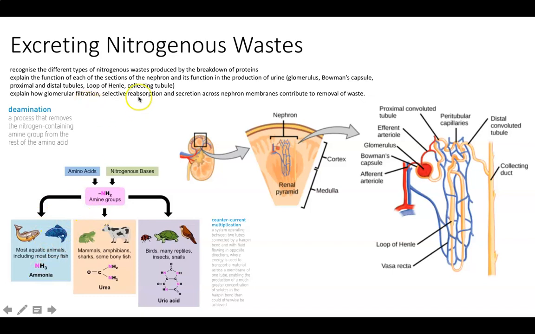So if we talk about how we as mammals filter our blood to get out those nitrogenous wastes so that we don't toxify and poison ourselves, well, that's what our kidneys are for. And our kidneys have this really big supply of blood.